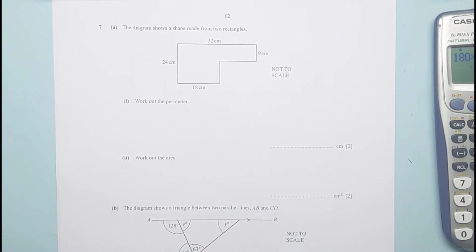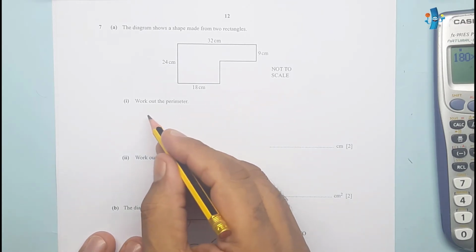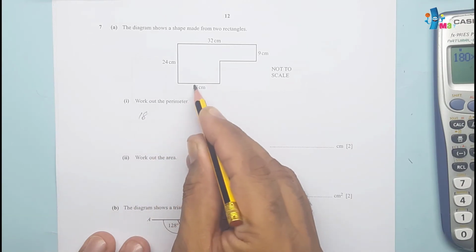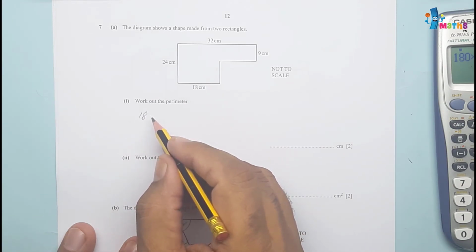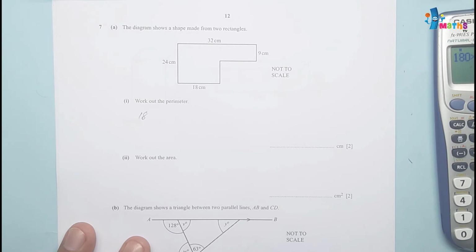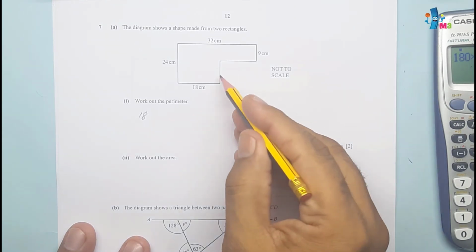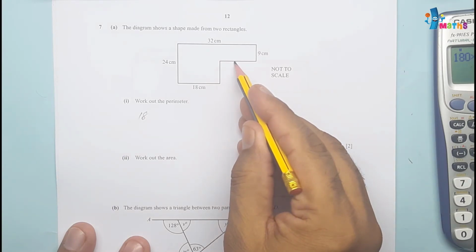Question number 7. The diagram shows a shape made from two rectangles. Work out the perimeter. Perimeter is just taking a round trip of the boundary line. So it is 18 starting from here, 18. First we have to calculate these two sides because these are not given.